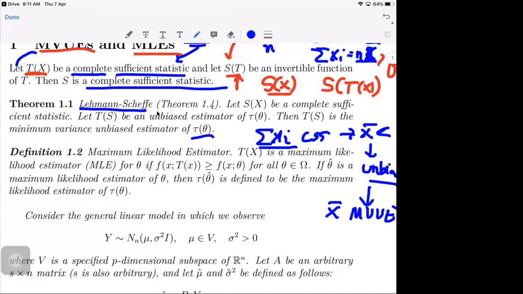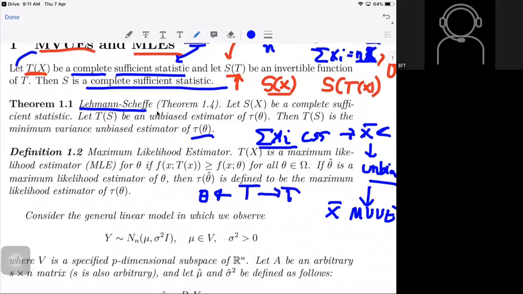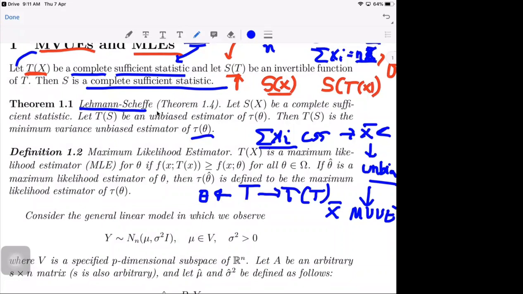So any transformation also. For example, the estimator for theta is the summation of x, our total. That is its parameter theta. And then you transform it by tau of the total, which is your mu. That transformation there is also the MVUE.